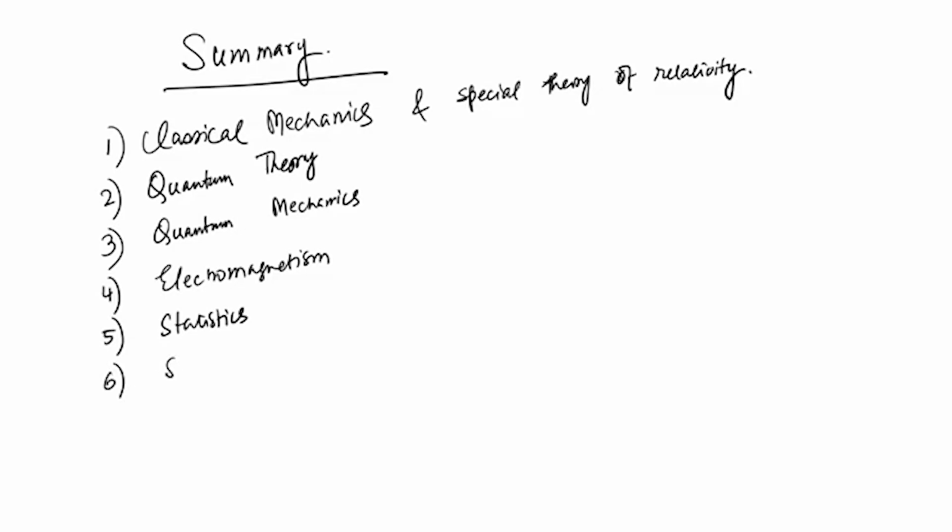Then we did solid state physics, which comprises a little bit of crystal structure, phonons and the free electron theory, and some results of importance at this level were discussed.